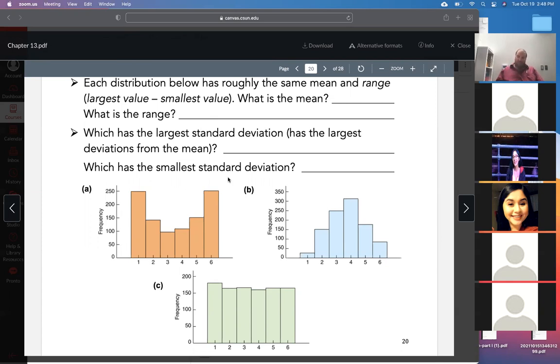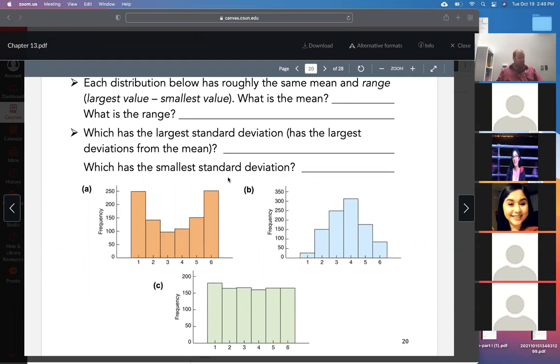What does standard deviation measure? It measures how far on average data points are from the mean. Which distribution has most of its data points far away from the mean? Or at least a significant portion of them.